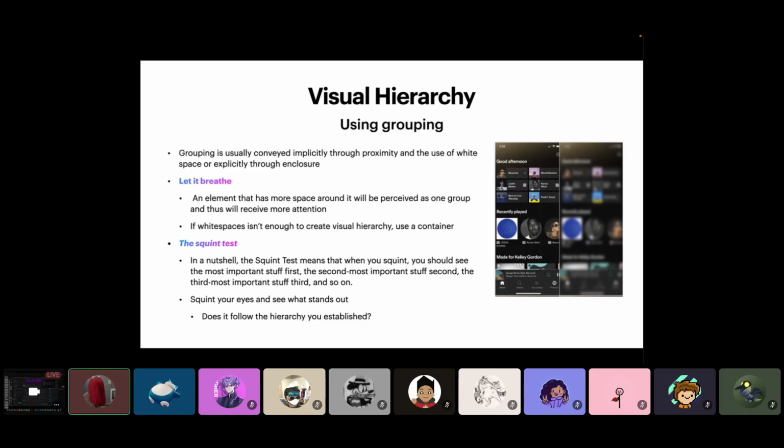And you should be able to see each grouping and identify that, oh, this is a group, this is a group, this is a group, even with the blurred image, and see what stands out and what doesn't. And obviously, the groups with the higher hierarchy, you want to stand out the most.